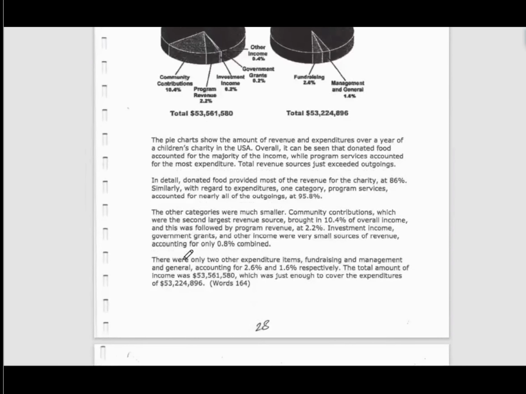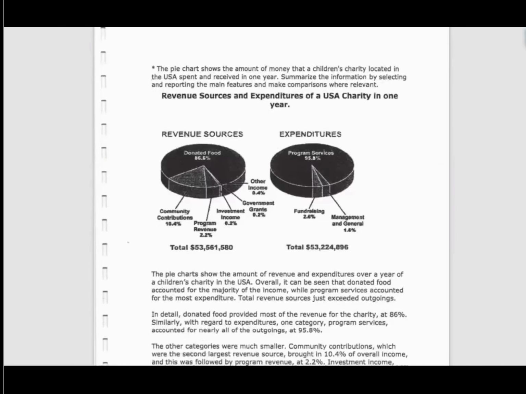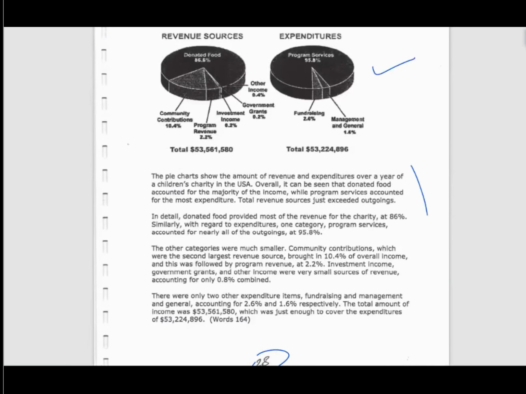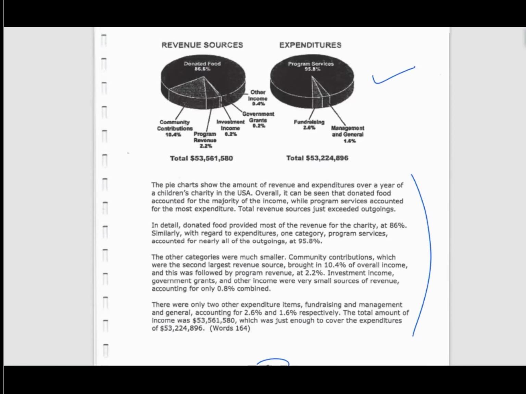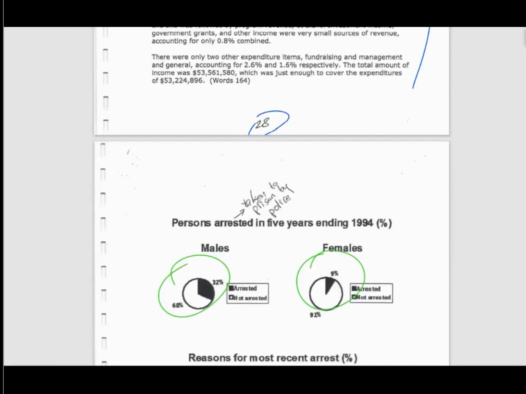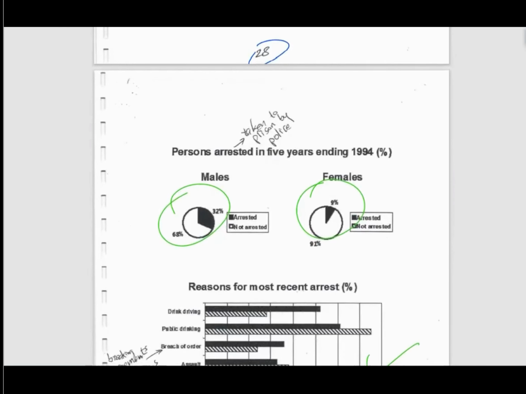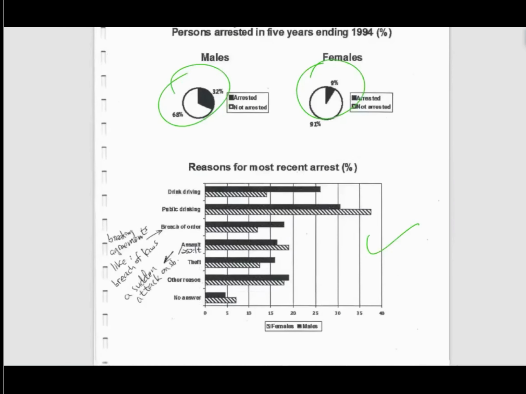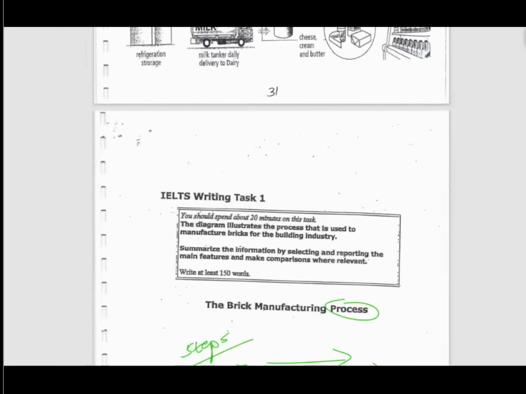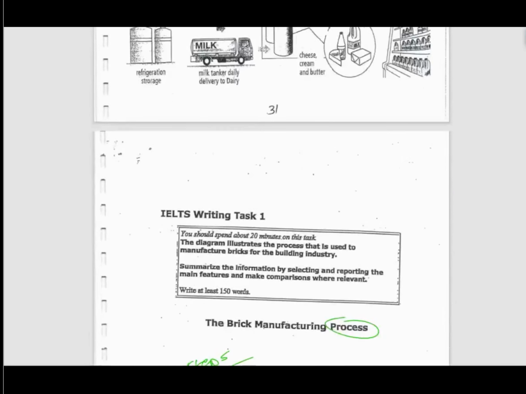And in page 28, an example of a question of a pie chart and model answer also. This one, we will explain it tomorrow, two drawings and the process. So tomorrow we will study the two drawings and the process.